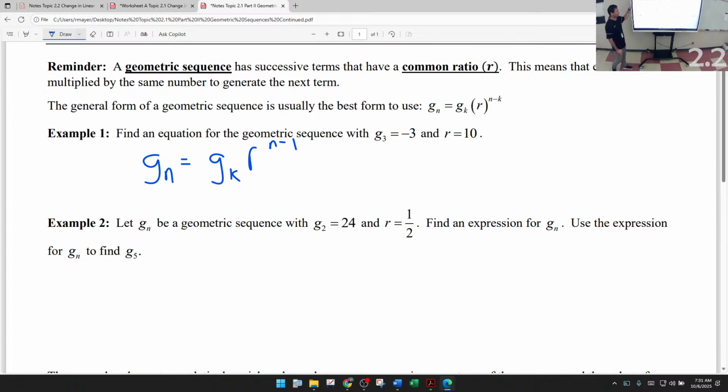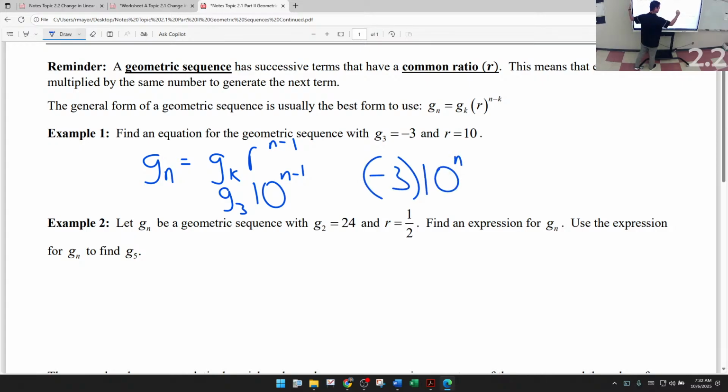And I know that G of 3 is -3. So this is going to be G of 3. R is 10. N is that common thing that's always there, 1. And so that's just going to be -3 times 10 to the n minus 1 equals G of n.